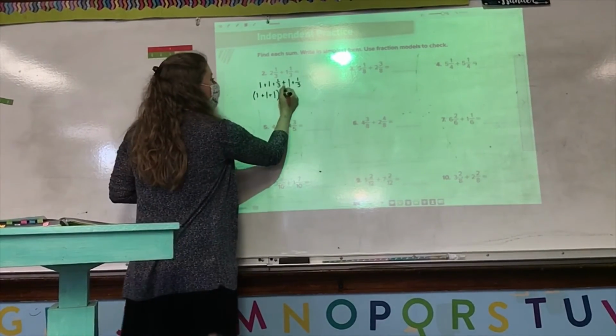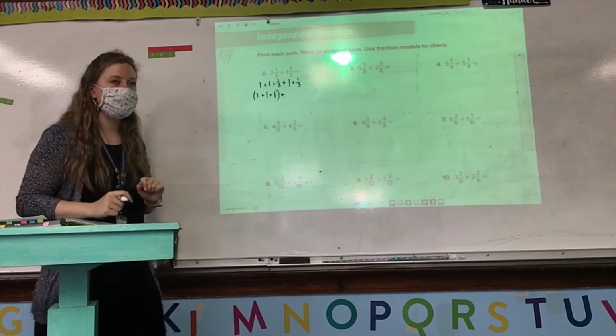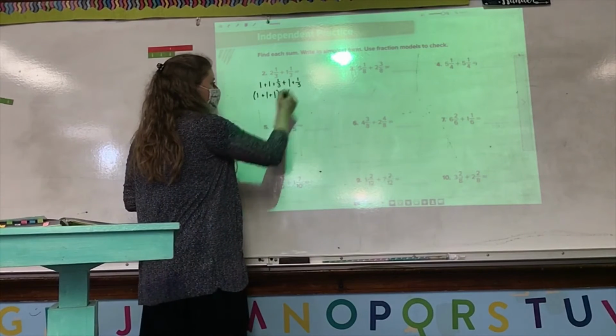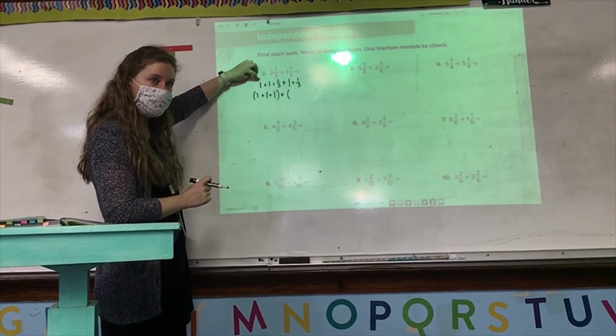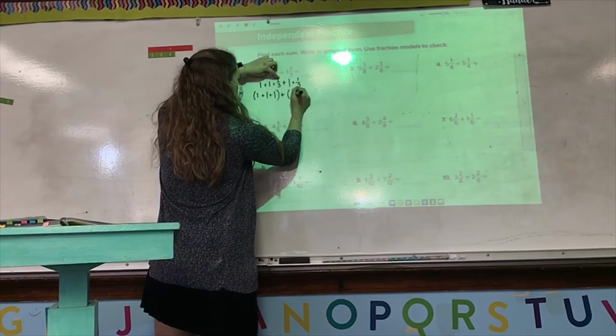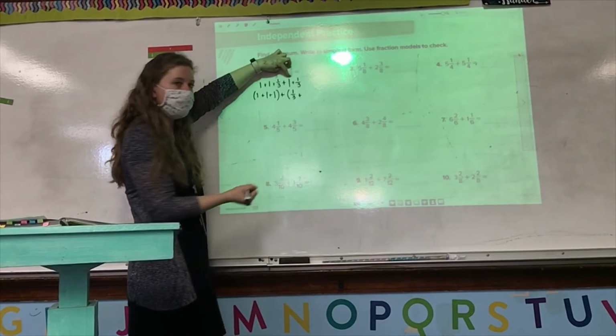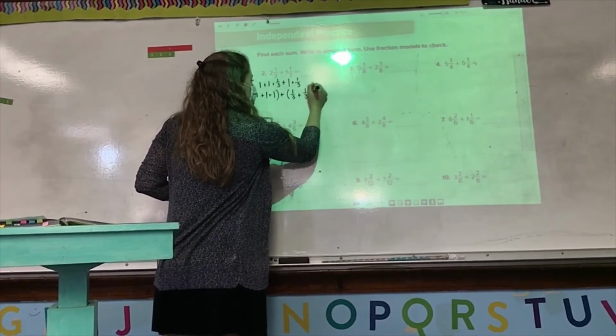We're still going to put an addition symbol because we're eventually going to add the whole number and the fraction. And now what do we put in our second group? Do we put this? No. This? No. This? Yes. 1/3 plus this? No. This? Yes. 1/3.